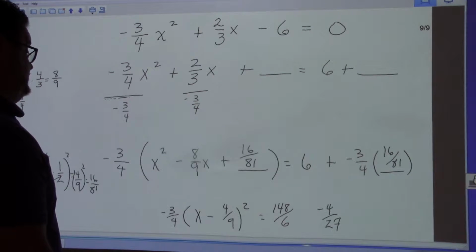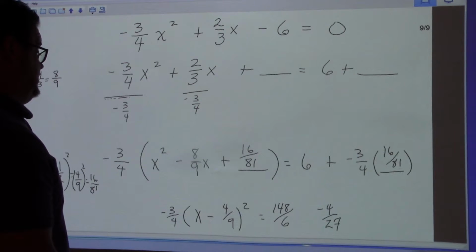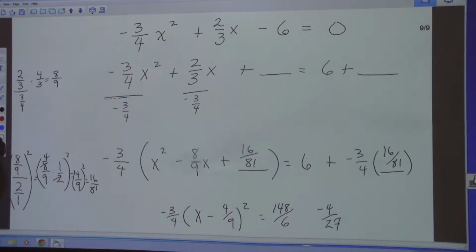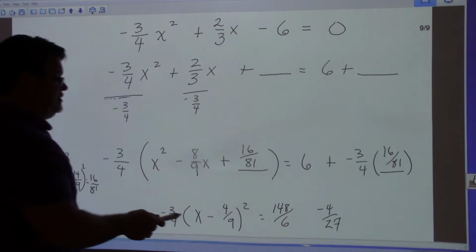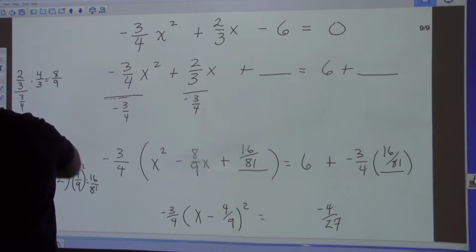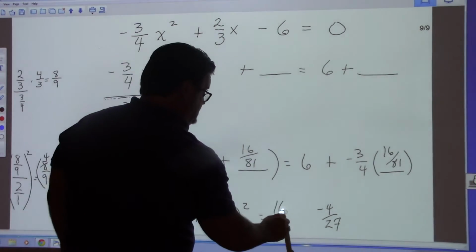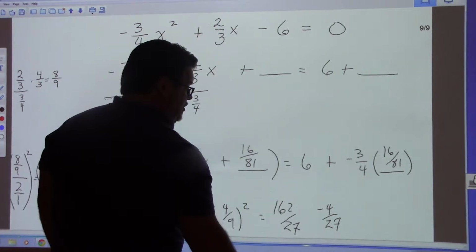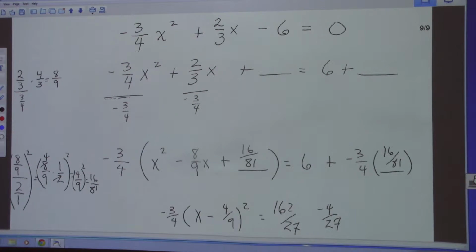What is it? 162. Okay, 162 over 6. Is that right? Somebody help me out. What's 162 over 27? I don't even know what numbers you gave right now. Somebody tell me what 162 over 27 is. Huh? Okay. I just got a common denominator.